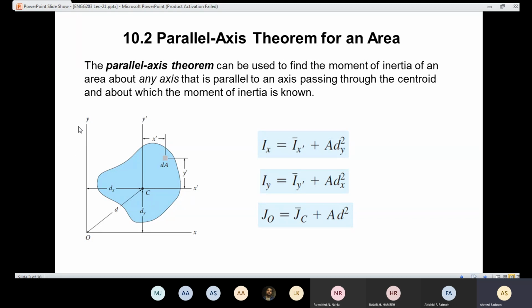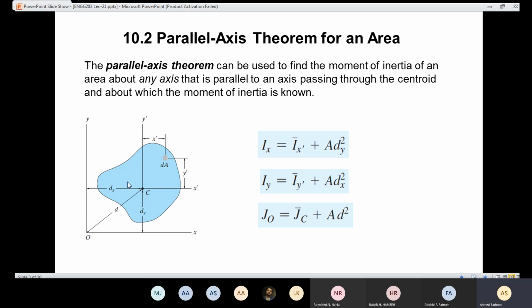So we have a random x and y, and here we have x hat and y hat located at the center of gravity. I'm going to assume this point here is the center of gravity, and I'm going to call these axes x hat and y hat.